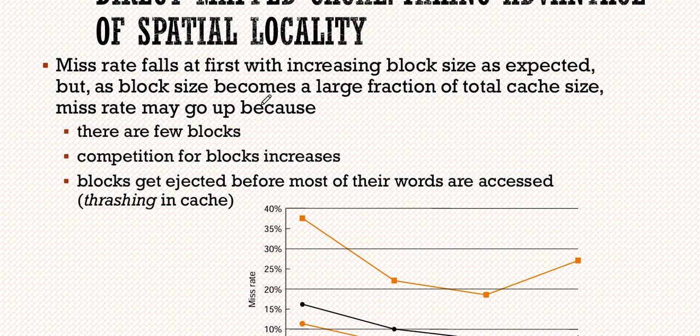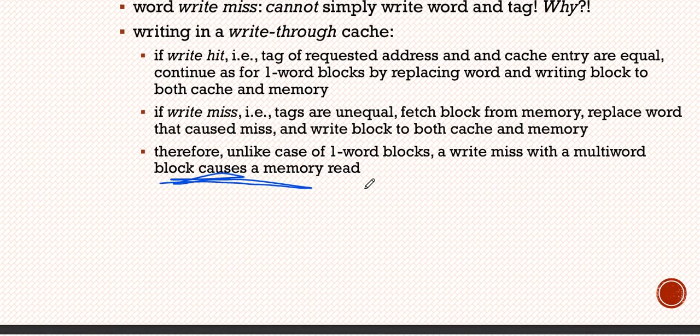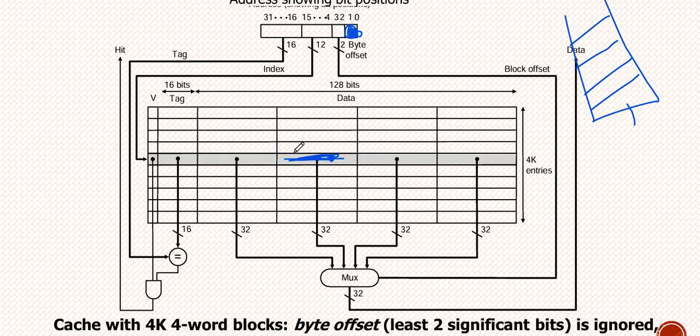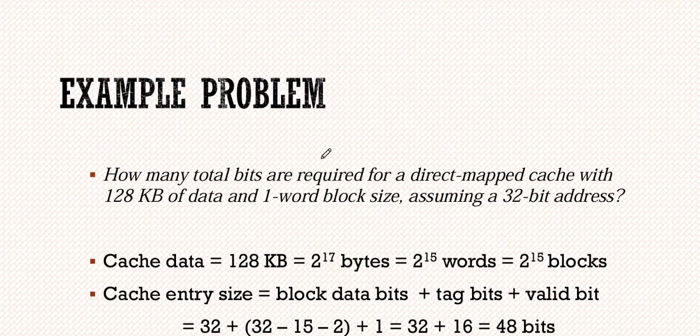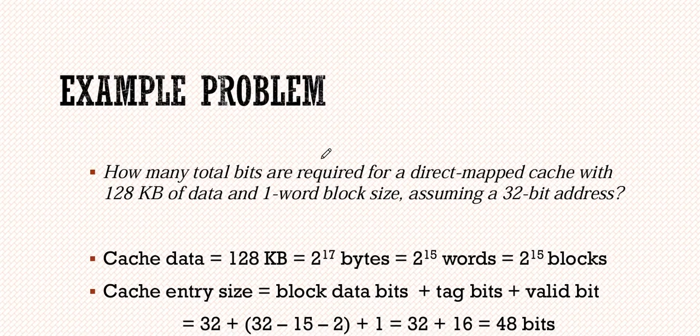Sometimes we jump to other locations, and that overhead will hit you very hard because you have large blocks. And another thing is that sometimes blocks will get ejected before most of their words are accessed. So, for example, you might have fetched all of these four, but maybe most of the time it is only this one which is accessed before the whole thing is thrown out again, and that's called thrashing, cache thrashing.